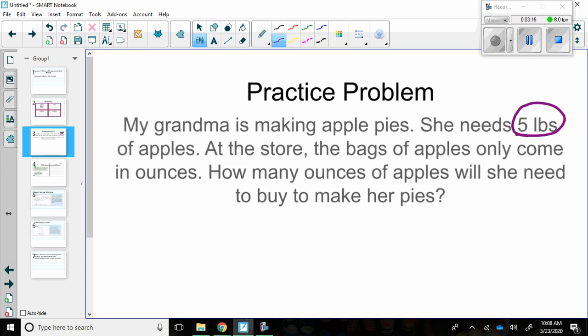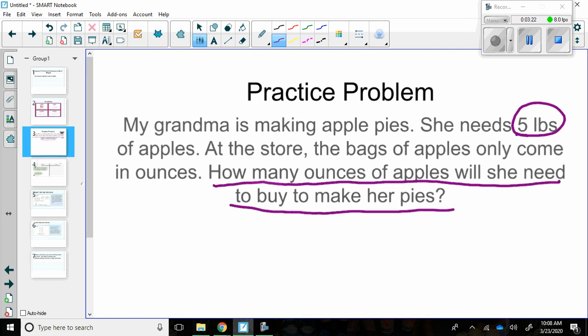We circled the numbers. Now we need to underline the question. How many ounces of apples will she need to make her pies? And I also want to write that to restate it. Grandma needs blank ounces of apples.